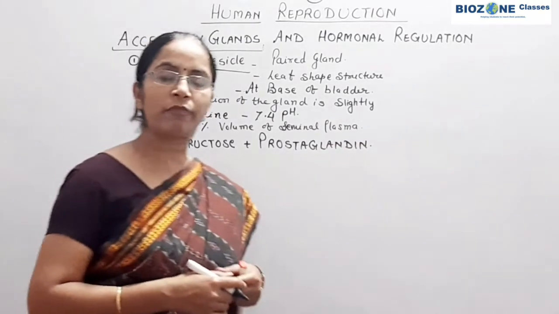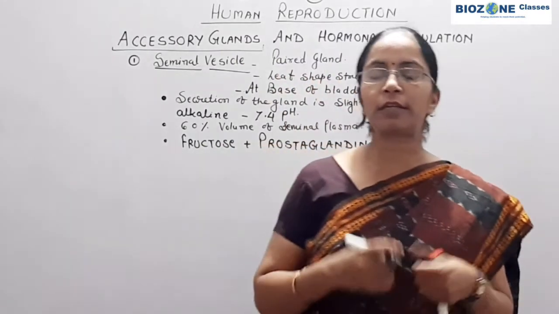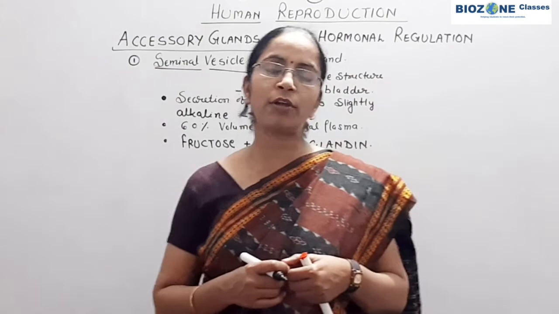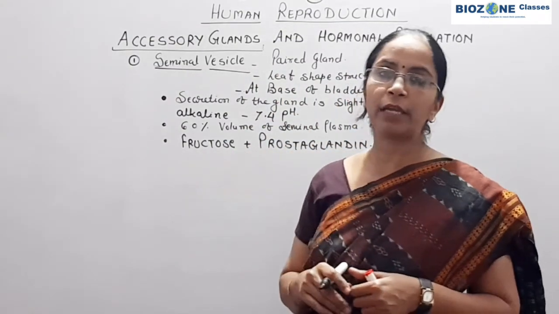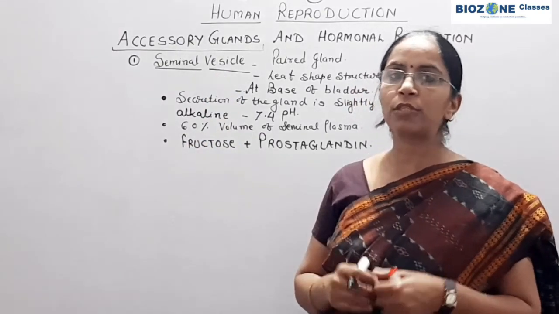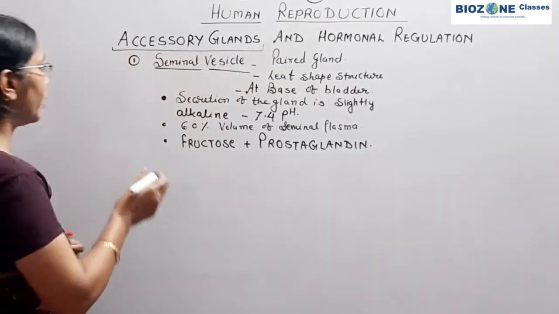Fructose is the sugar detected in the biochemical analysis of the human body. Fructose is present only in the secretion of the seminal vesicle, and that's why it is only secreted in human males. Next, the second gland we study.